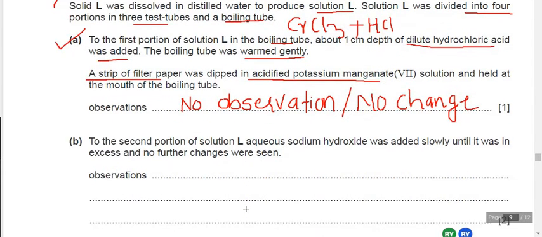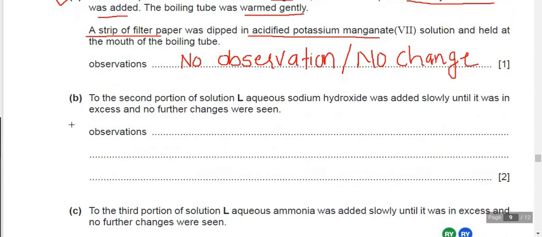Now B part. So we have a chromium chloride solution, and in that we are adding sodium hydroxide slowly until it was in excess. So they are asking what is your observation. So we have learned from the table, if there is a chromium ion and we are adding sodium hydroxide, we will get here a green PPT, means a green color solid you will get.